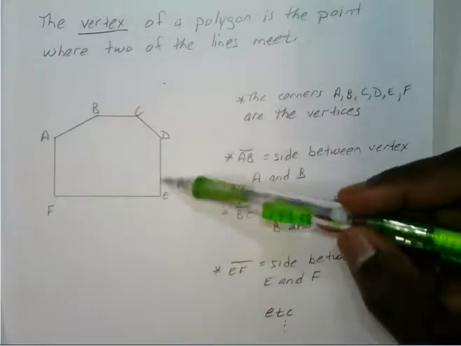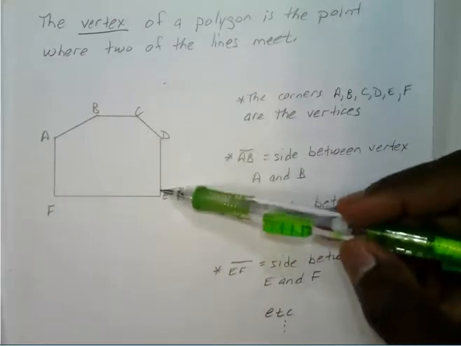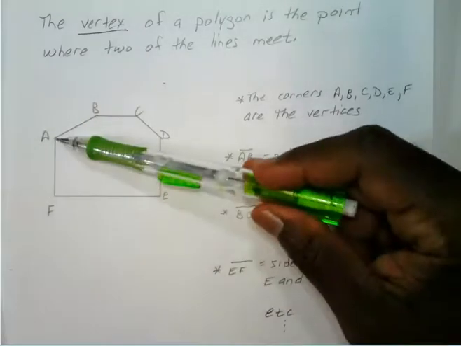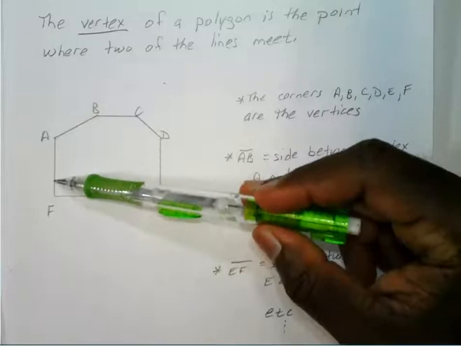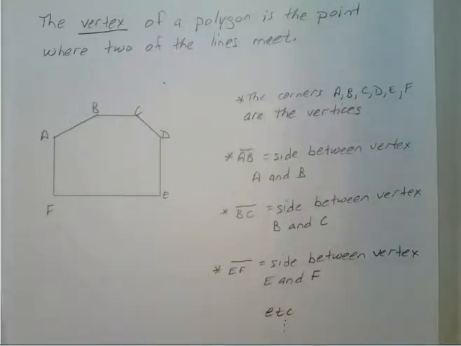If you saw D and E with a line over it, or ED with a line over it, it's just this line. If you saw AF or FA with a line over it, that's just this line. Okay, so the line over it just tells you exactly which line you're looking for on that particular shape.